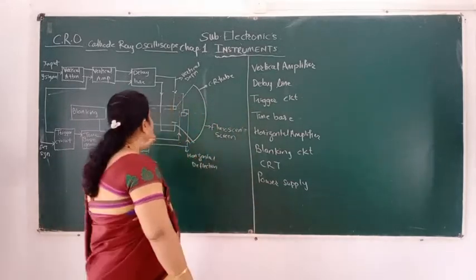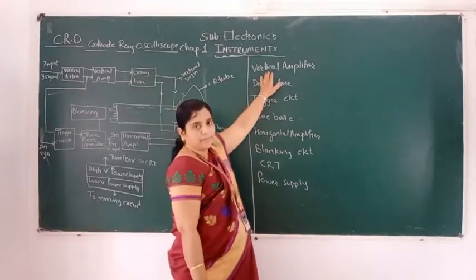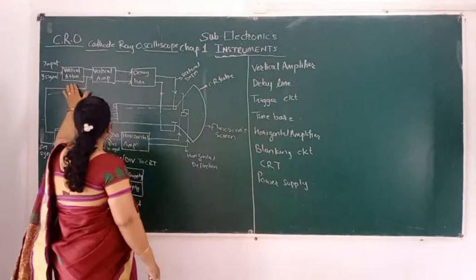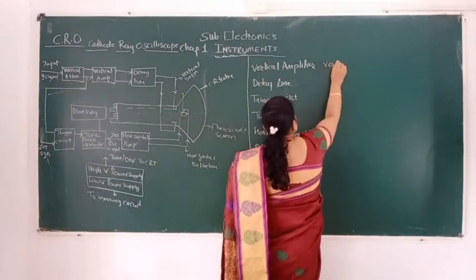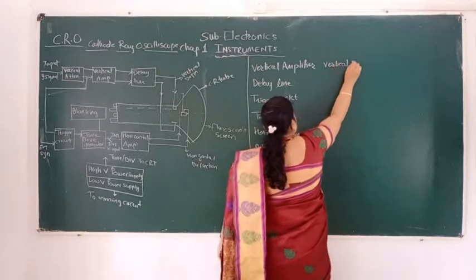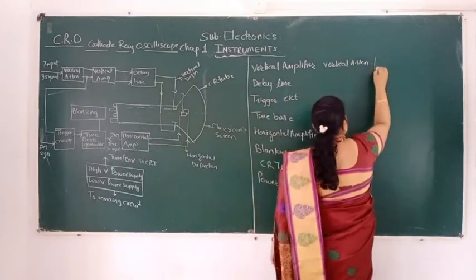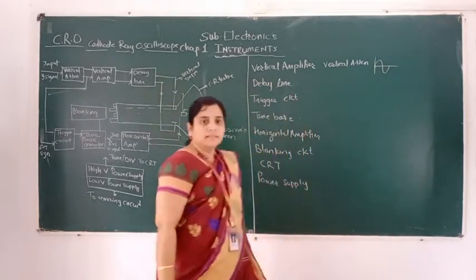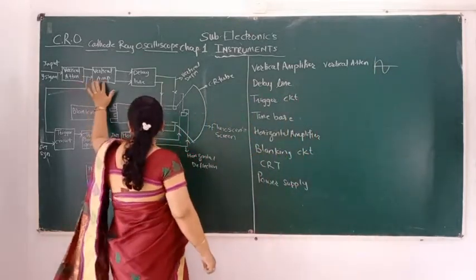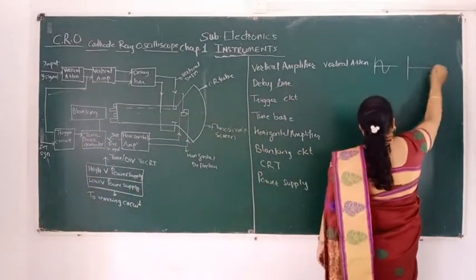The first block is the vertical amplifier. We apply the input signal to the vertical attenuation. Suppose we are applying this input signal, then what happens? It is given to the vertical amplifier, which amplifies that input signal.